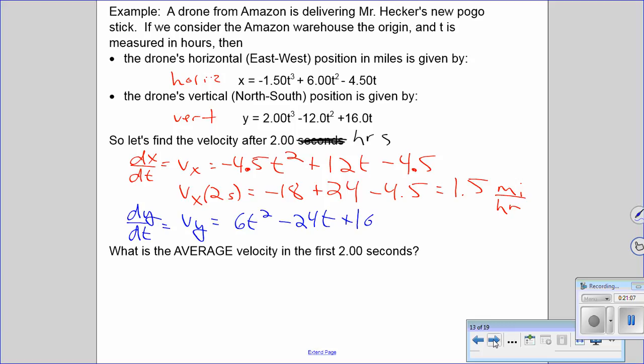So now let's find our Vy after 2 hours. I'm going to plug in 2. So 6 times 4 is 24, minus 48, plus 16, right? So 24 and 16 is 40, minus 48, I get negative 8 miles per hour.